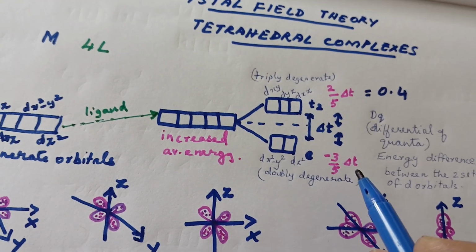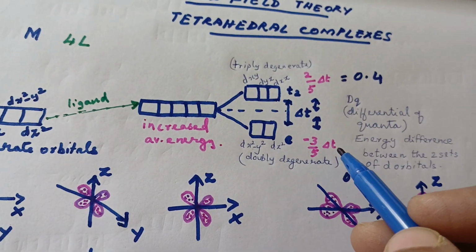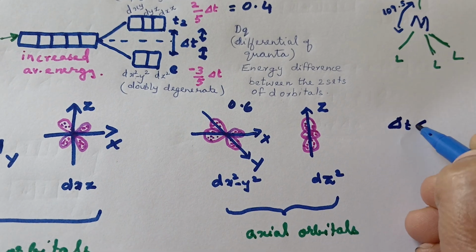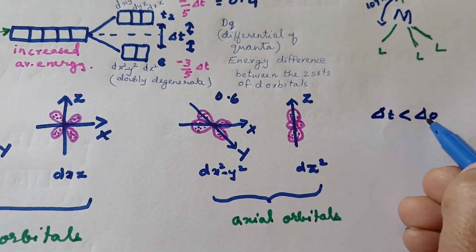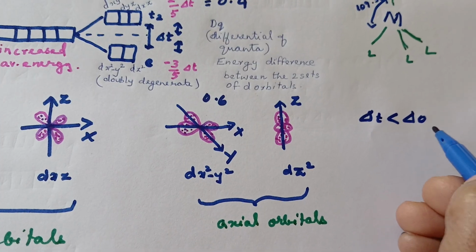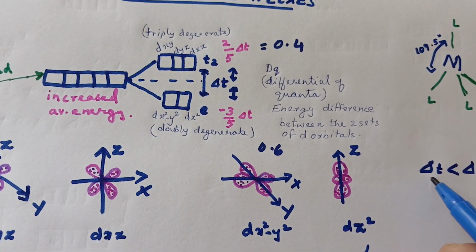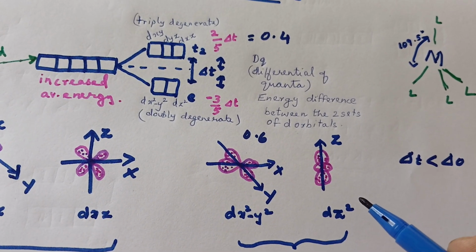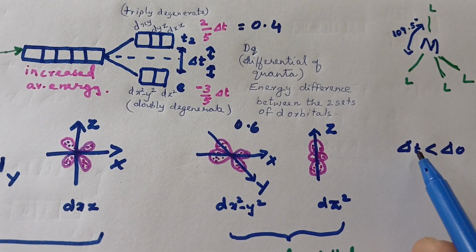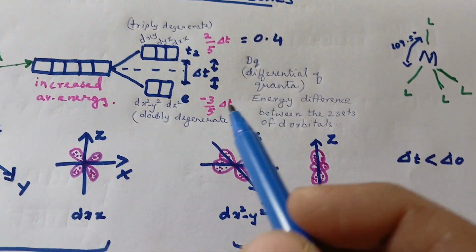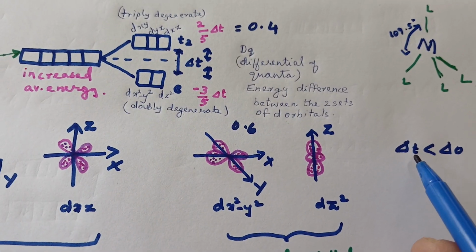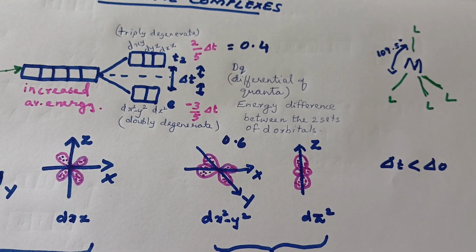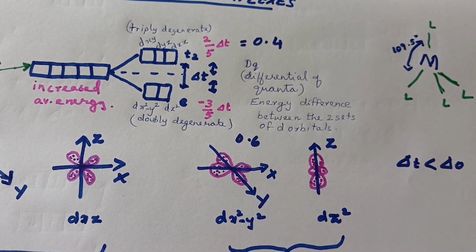Now almost always delta T is less than delta O. Delta O is the splitting energy for octahedral complexes, and delta T is the splitting energy for tetrahedral complexes. Now in the case of delta T, there is more repulsion in the d orbitals lying in the interaxial orbitals.